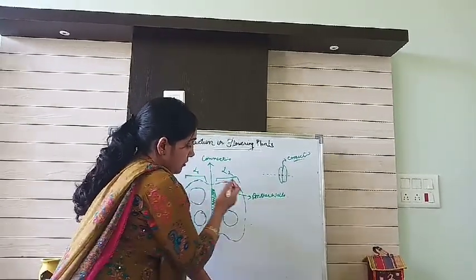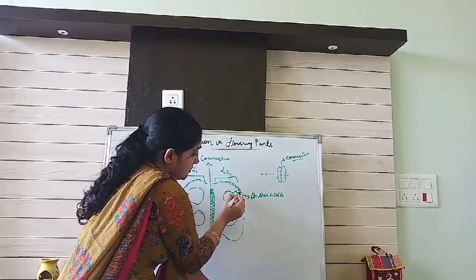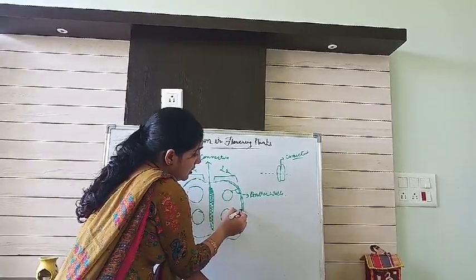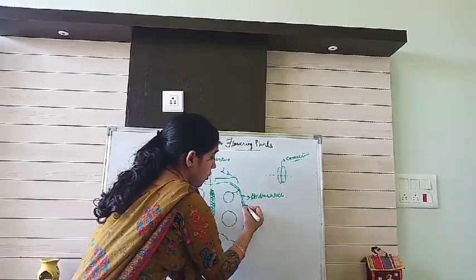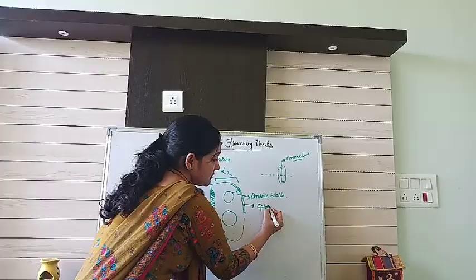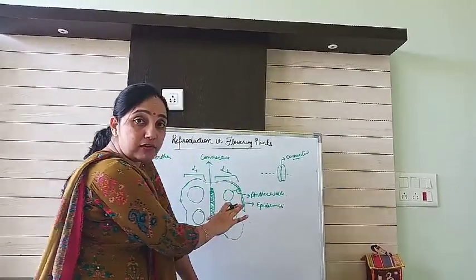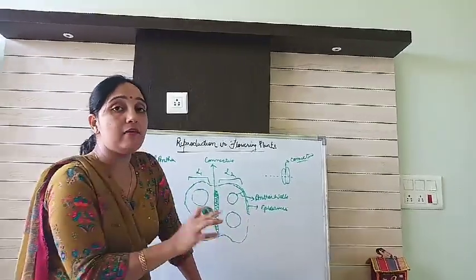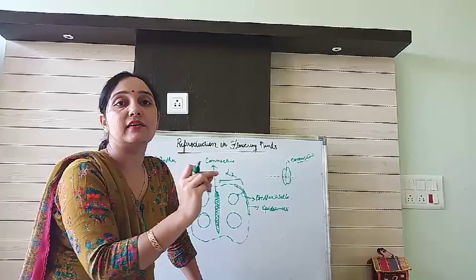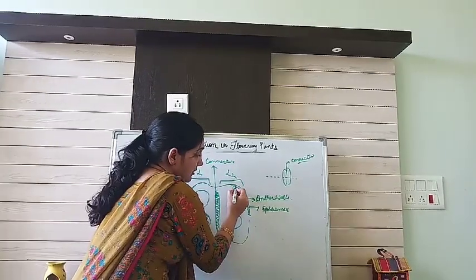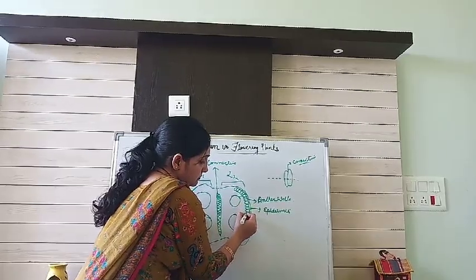The outermost layer is a single layer of flat cells, called the epidermis. After the epidermis, we have a single layer of radially arranged cells.